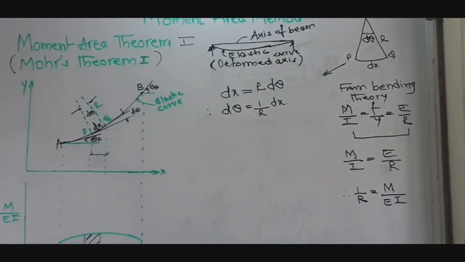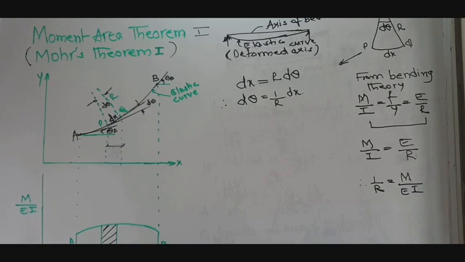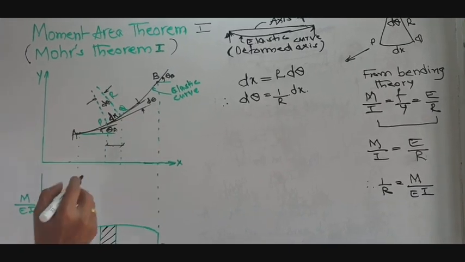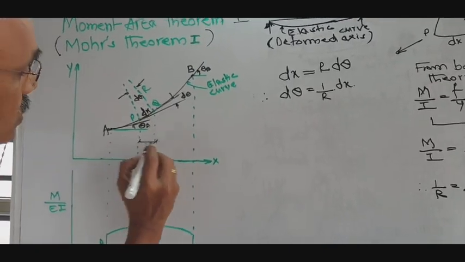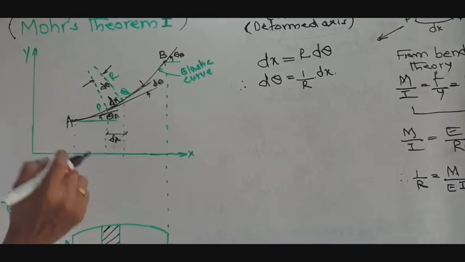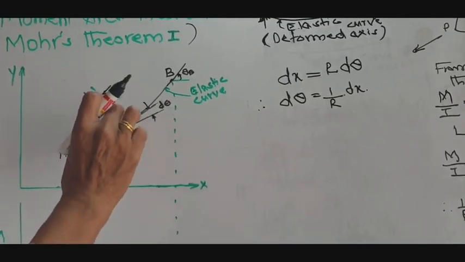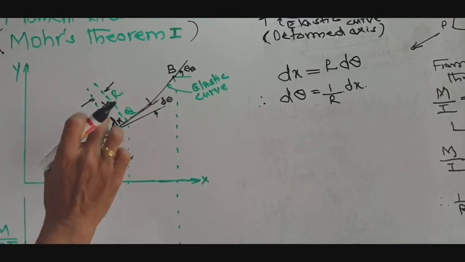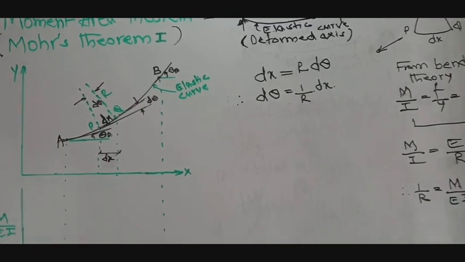As this dx is very small, the curve length and the horizontal length will be taken as the same, dx itself.